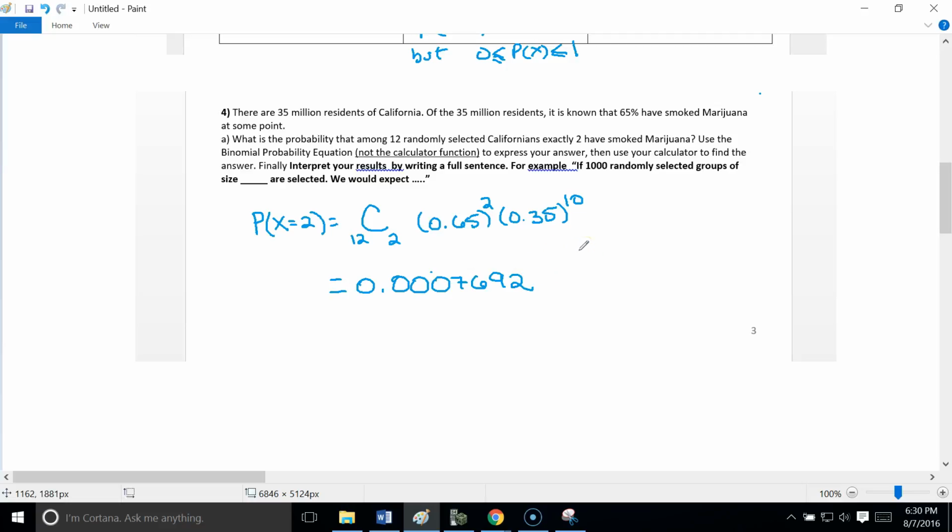There are different ways of putting this, but the way I like to think about it is that if we randomly select groups of size 12, how many of those groups are going to have exactly 2 that have smoked marijuana? There are different ways to answer this question. Here's one example.